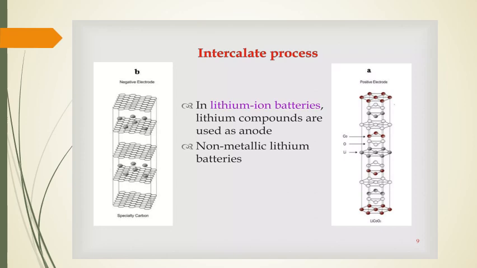This is the process of intercalation in lithium-ion batteries. Lithium compounds are used in the anode and in non-metallic lithium batteries. These two are subdivided into negative and positive electrodes to show the variation between the special carbon and lithium, carbon or oxygen.